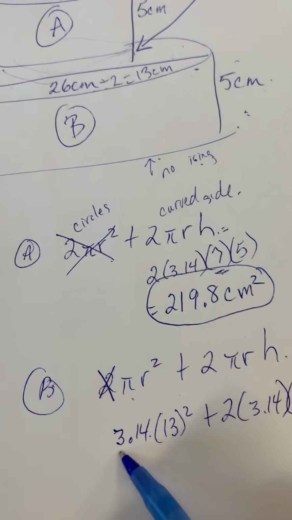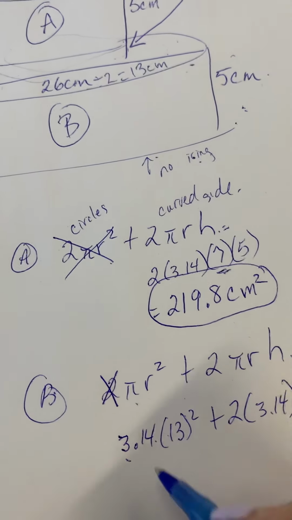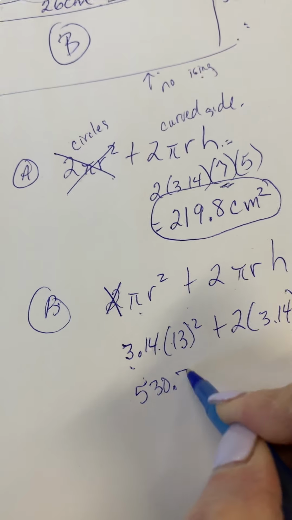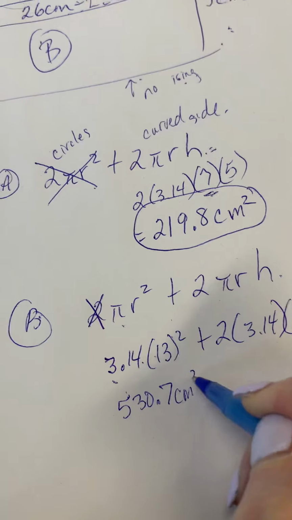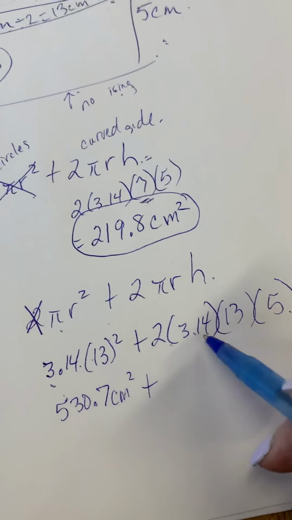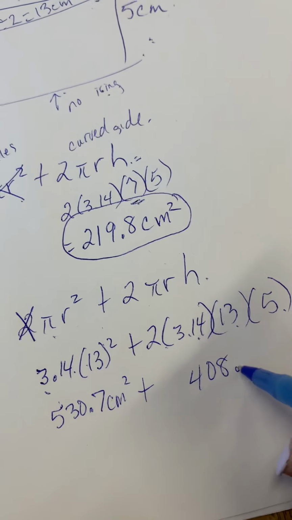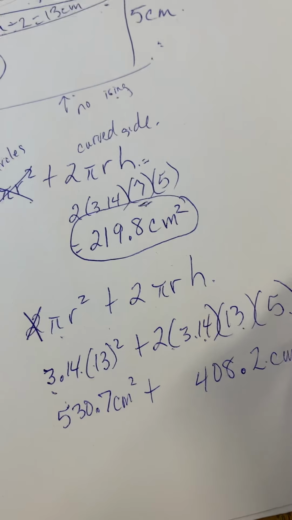Okay, so when we do the math here, 13 squared times pi, I got approximately 530.7 centimeters squared. And then here, 2 times pi times 13 times 5, I got 408.2 centimeters squared.